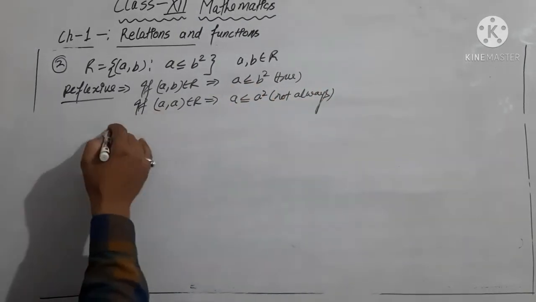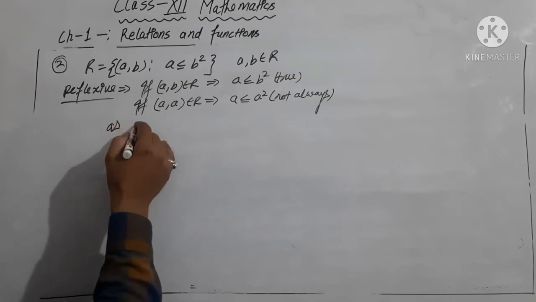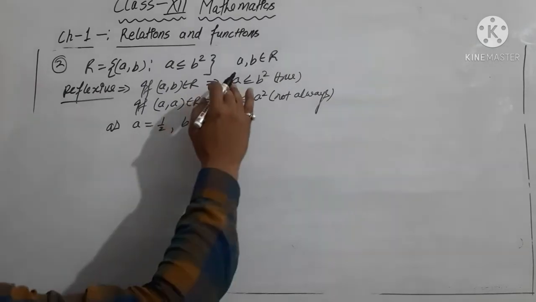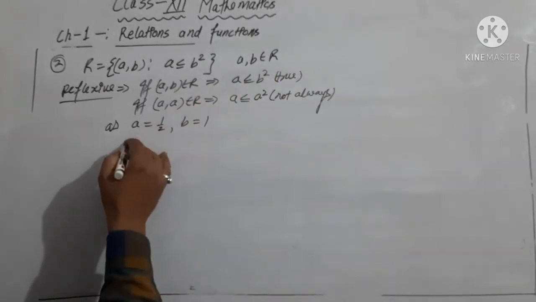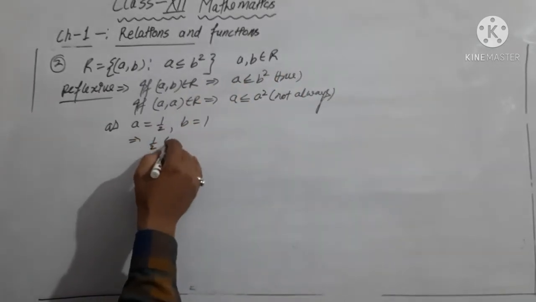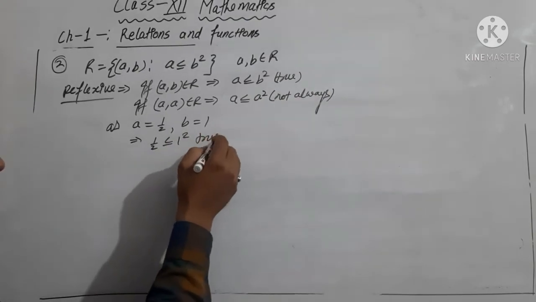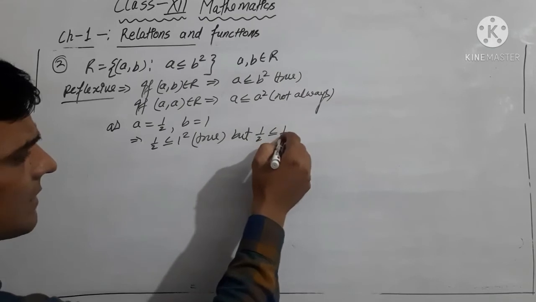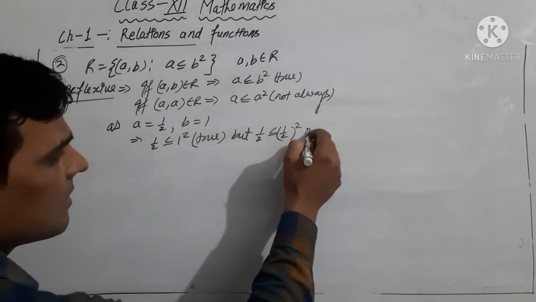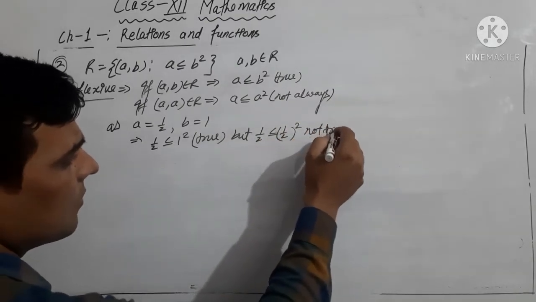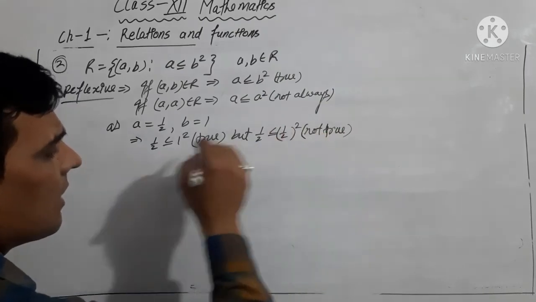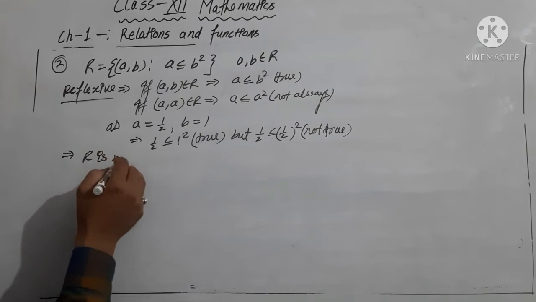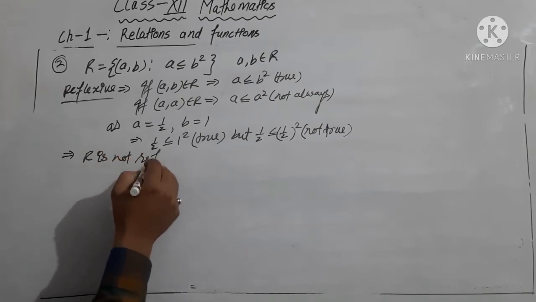If A equals half and B equals 1, then the first condition is valid. Half less than or equal to 1 square, this is true, but half less than or equal to half square, this is not true. So R is not reflexive.